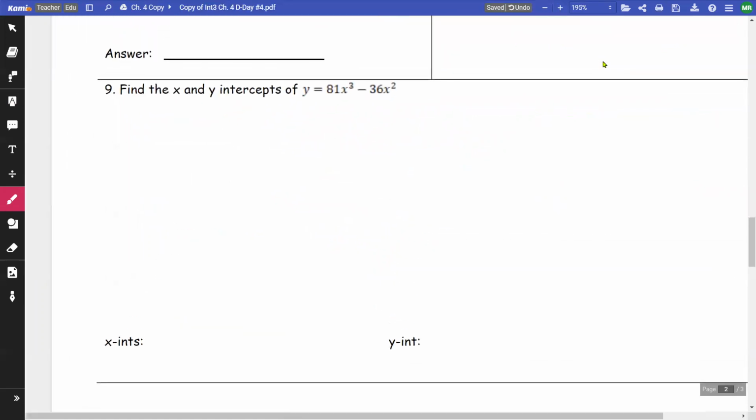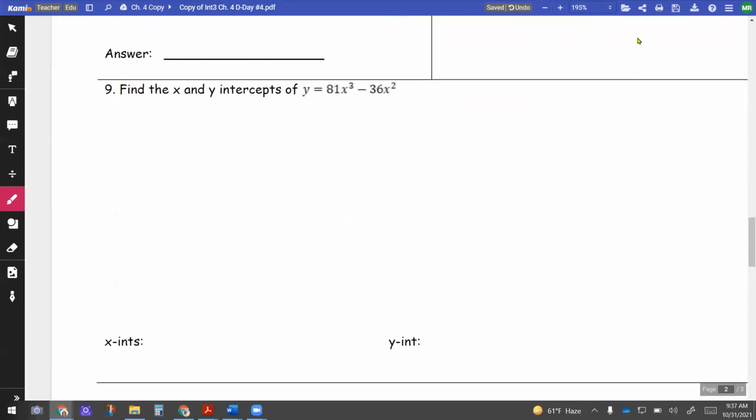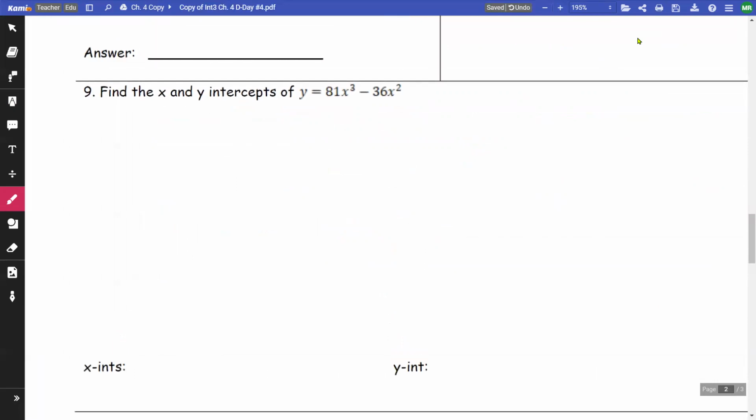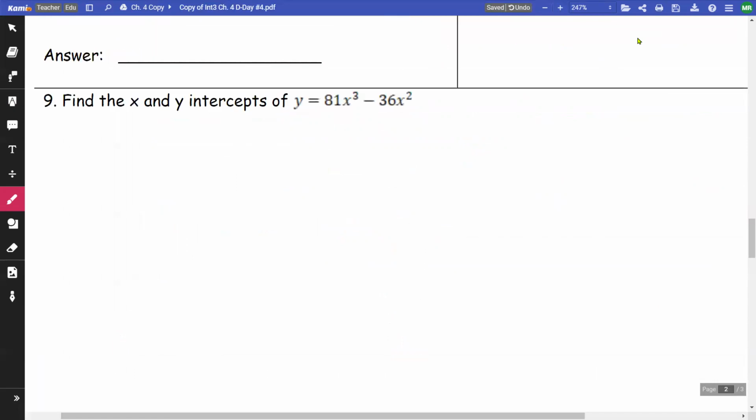Okay, trying to find the x and y intercepts. So to find my x-intercepts, I'm going to put 0 in for y, and I get 81x to the third minus 36x squared. I am personally going to divide everything by 9.